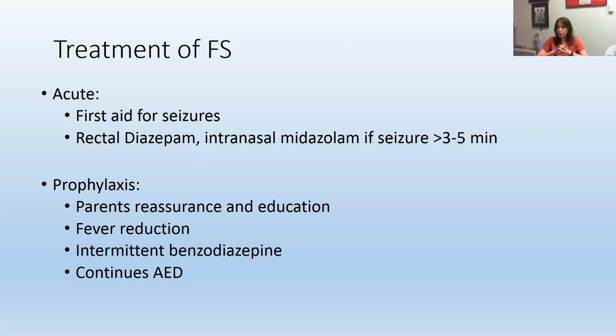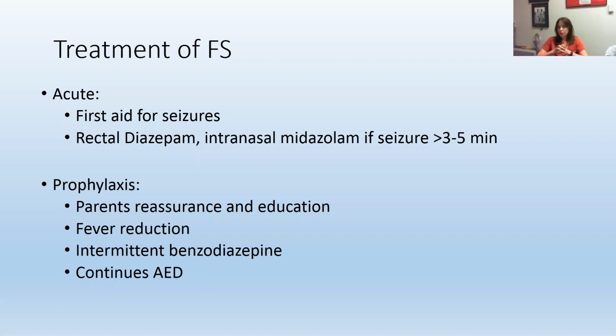Another approach that we may use is intermittent benzodiazepine, and there was actually a large study done by one of our faculty at Boston Medical Center, Dr. Rossman, who looked into giving oral diazepam every 8 hours when a child develops a febrile illness to try and prevent further febrile seizures.